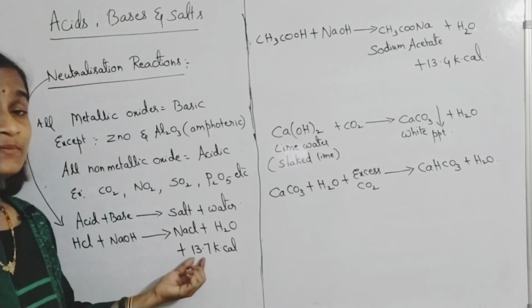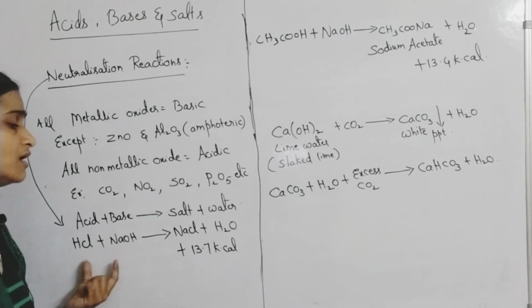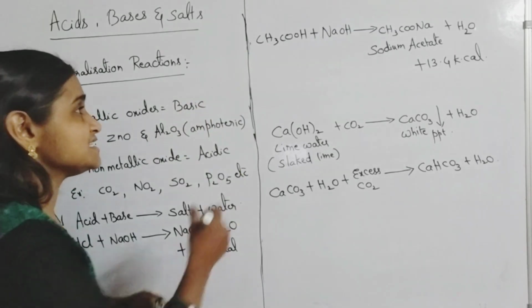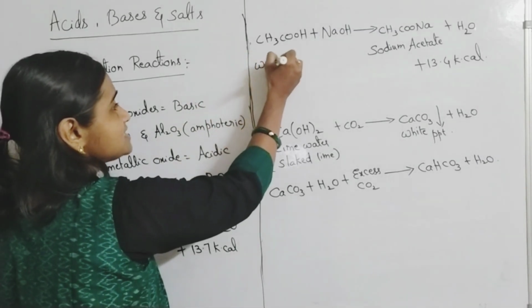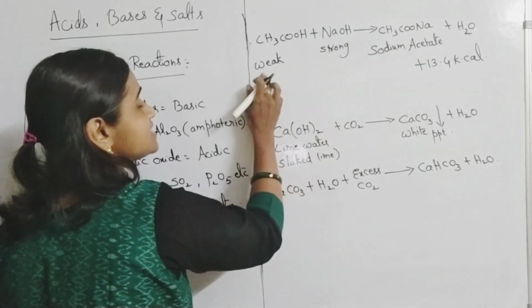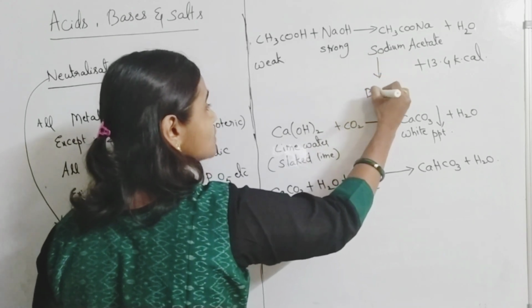If both acid and base are strong, the heat liberated is 13.7. But here you took a weak acid. Acid is weak, base is strong, so the salt formed is a basic salt.